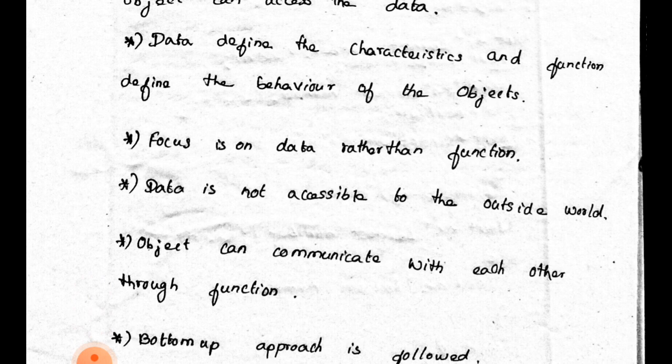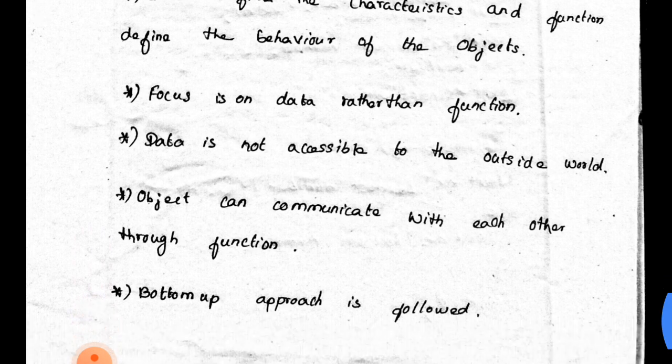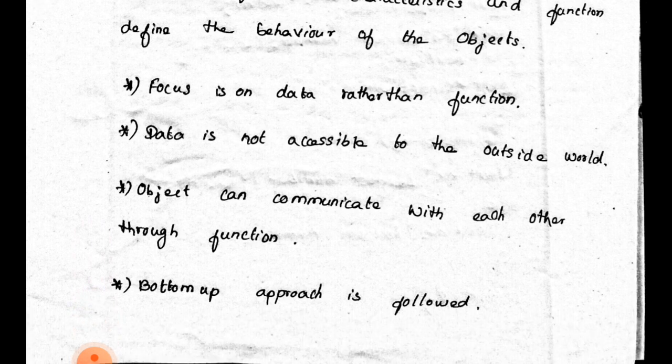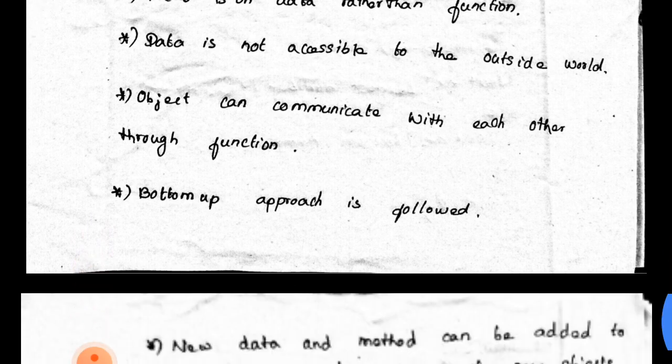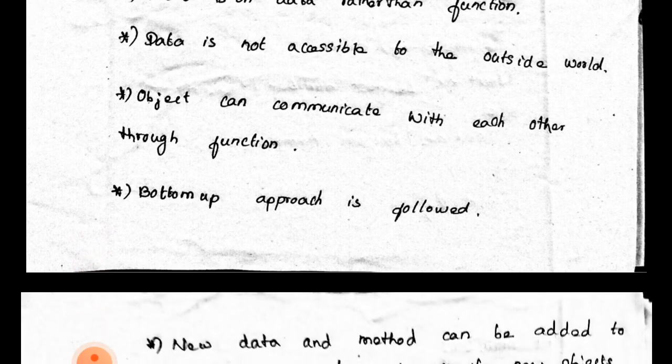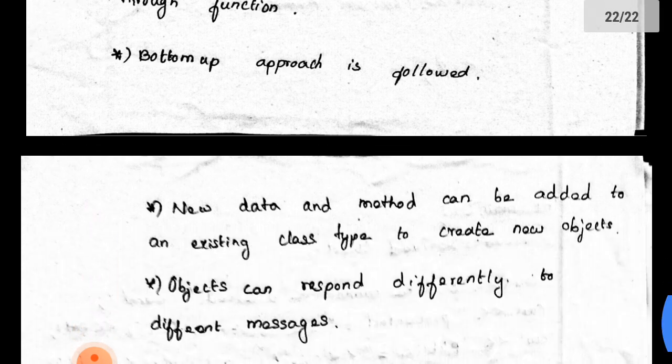Data is not available outside the function. Objects can communicate with each other through functions. Here the bottom-up approach is followed. In object-oriented programming, the bottom-up approach is followed.